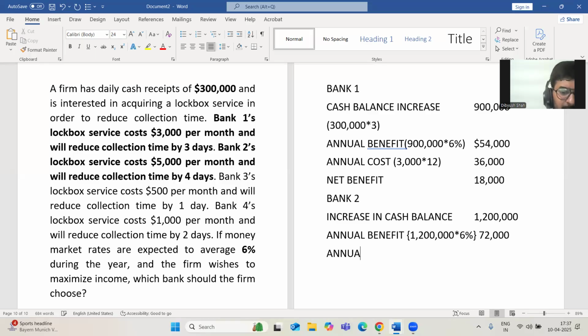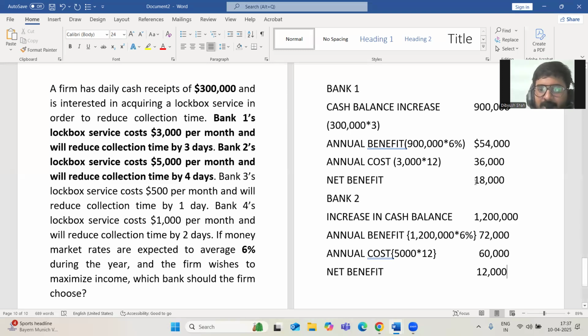What is my annual cost? They will charge me 5,000 per month, so for 12 months, they will charge me 60,000. So what is my net benefit? 72 minus 60. I will make only 12,000 net benefit.